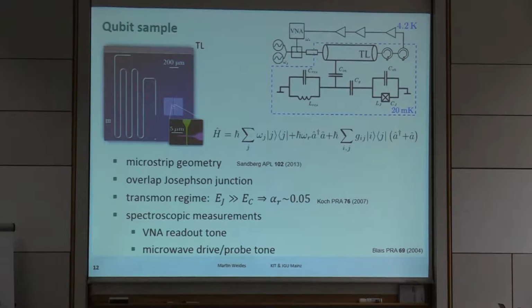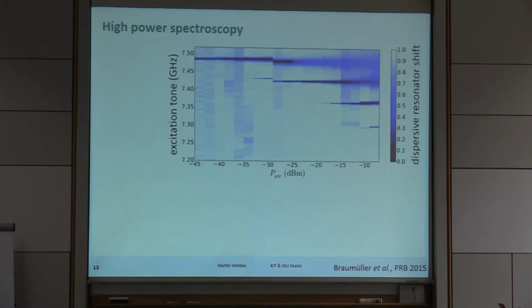This was a very simple implementation. We had 60-year-old technology for the Josephson junctions, just two metallic overlapping stripes. But they put us into the transmon regime, and we did mostly spectroscopic measurements with multiple tones.